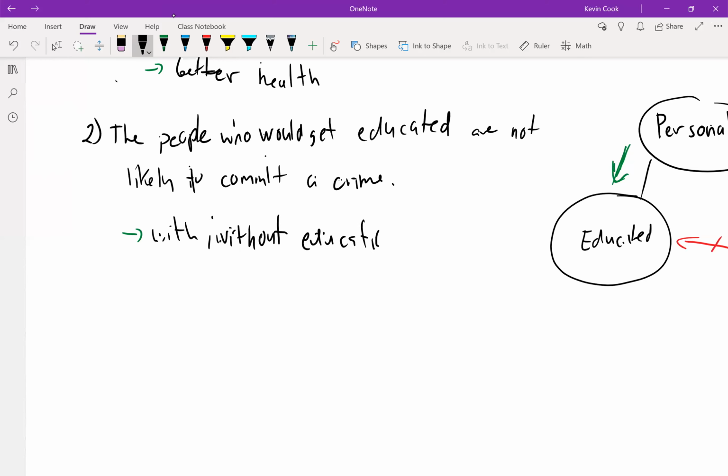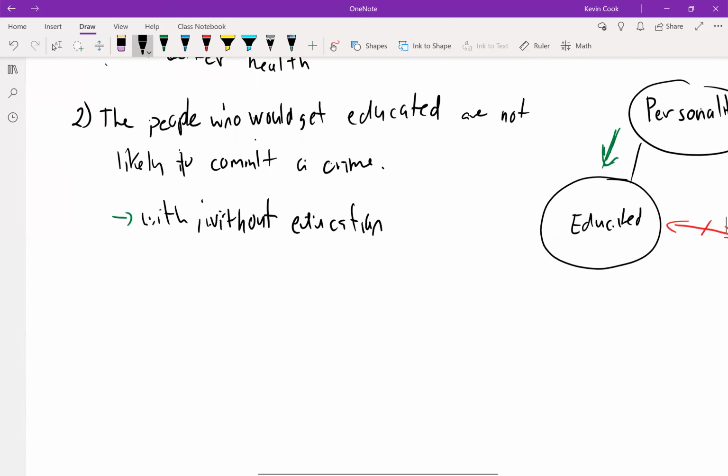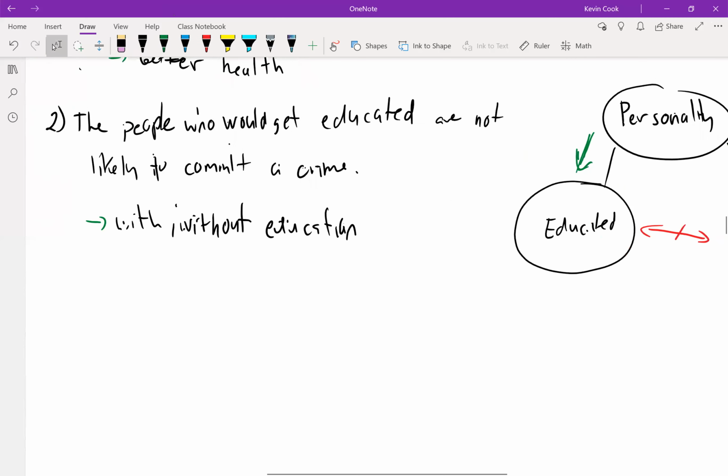But the second part of this is going to be a little bit of a different thing. So these people also have higher wages, so they potentially are not as desperate.